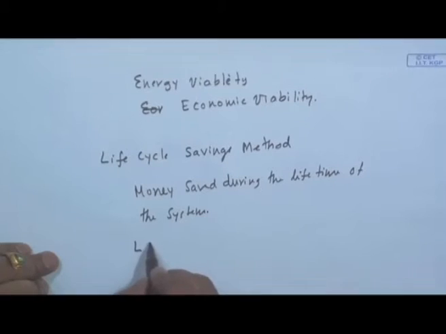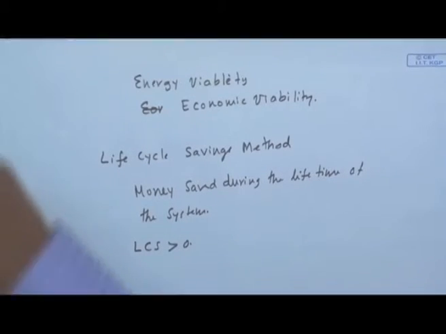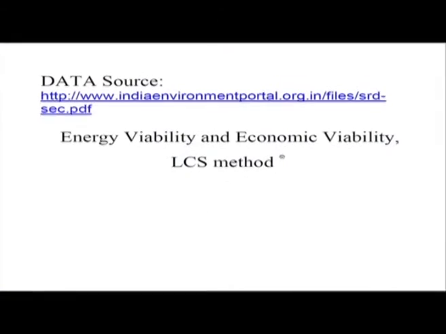and you estimate over a period of 10 years or 15 years or 20 years, assuming the life cycle or lifetime of the solar energy system. So, the minimum condition is the life cycle savings should be positive. If it is negative, you can't accept that system.